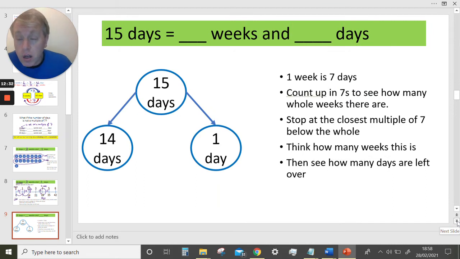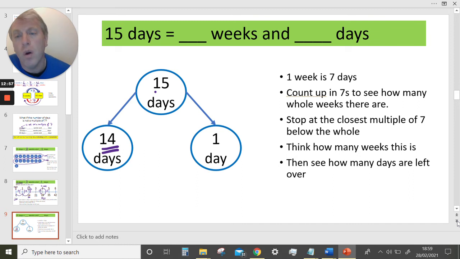We might use one of these whole models. 15 days, we count up in our 7s. Well, the first multiple of 7 that we can use here, 0. No, I can count higher. 7, 14, okay. So 14 is the closest I can get to 15 because the next one would be 21.